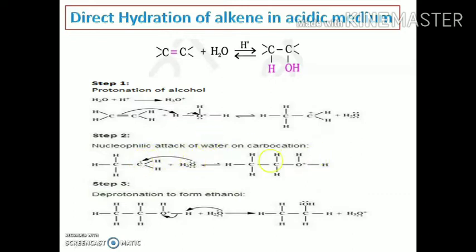It generates an intermediate compound, and in the last step there is deprotonation of this intermediate to form ethanol. What happens in this case? To complete its charge density, the oxygen attracts the electrons from the less electronegative hydrogen, forming ethanol, or the alcohol, and generating the hydronium ion at the end of the reaction.